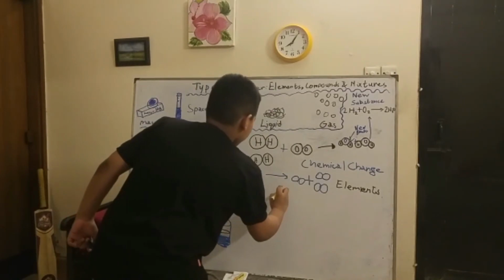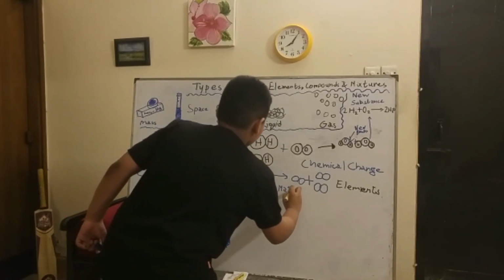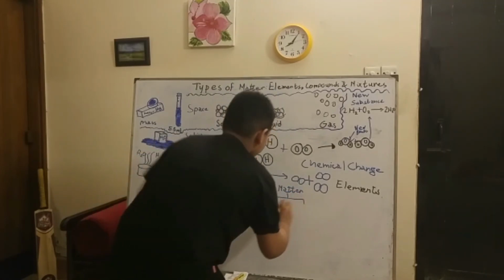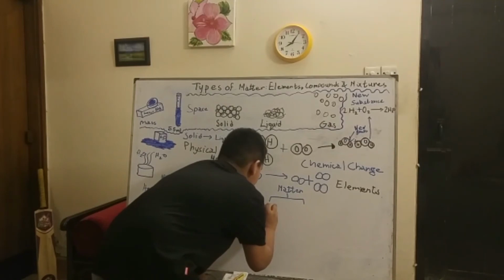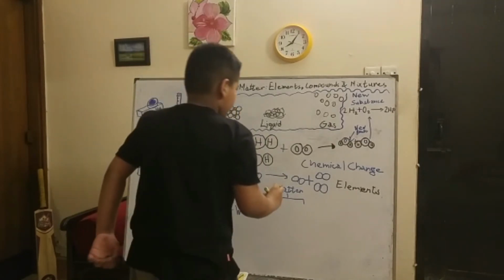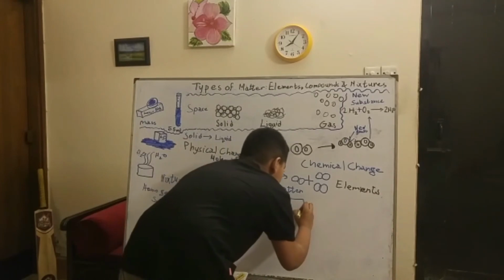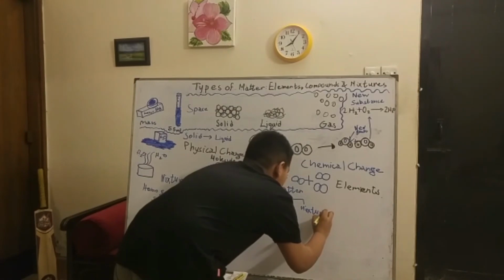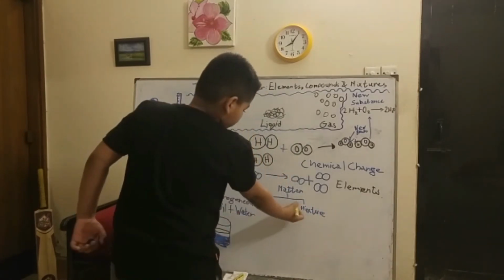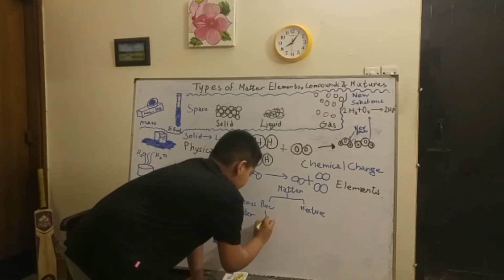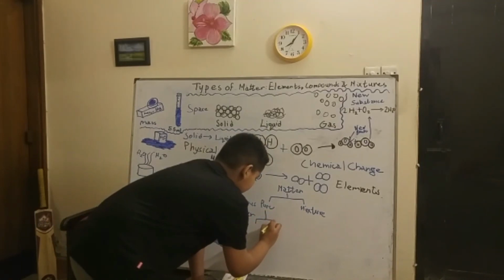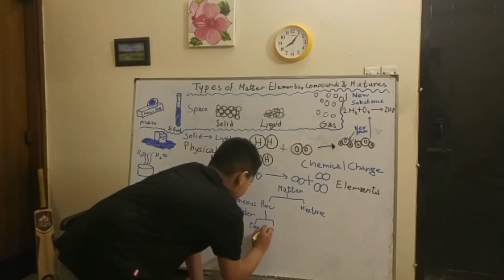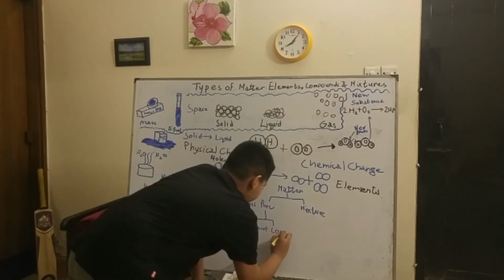So, matter has two types. It's not only pure, the full name, I won't get the space. So pure substances have two types, element and compound.